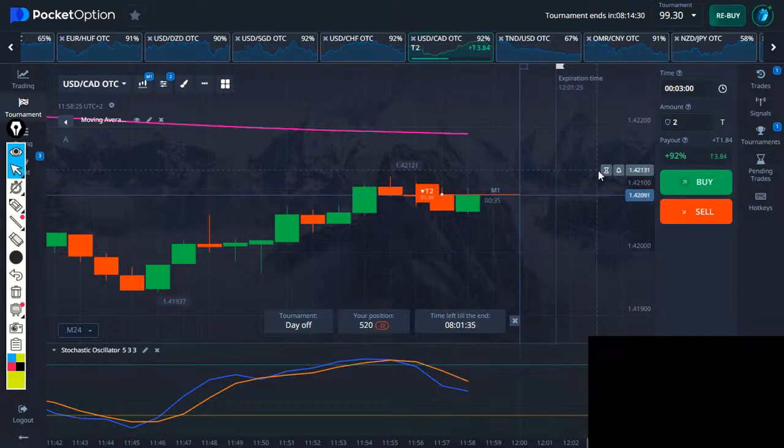Nice, it's rejecting from the resistance line over there. Keep on pushing. Yes, we need a decent push downwards. That's it. Come on, that's it.